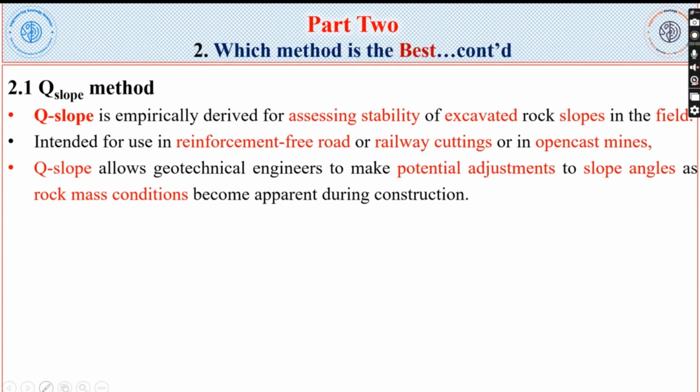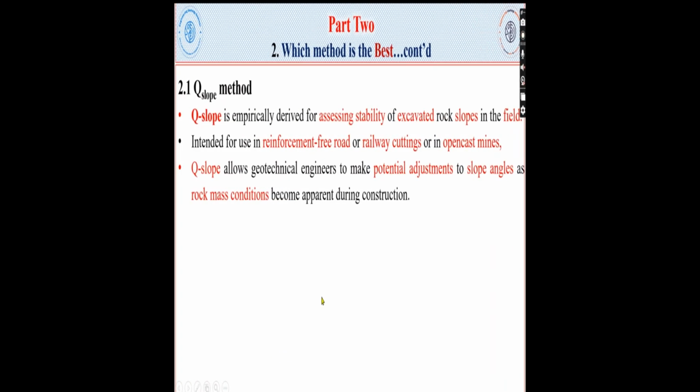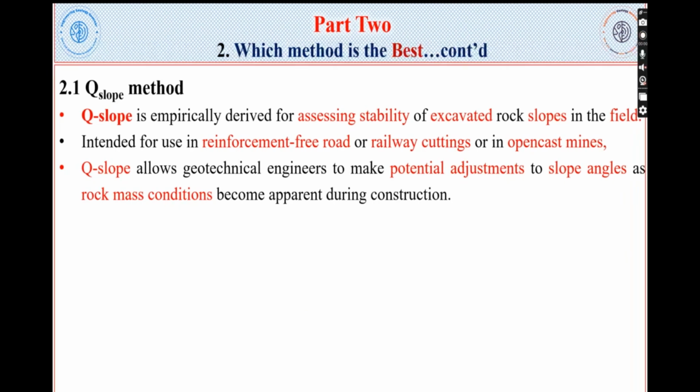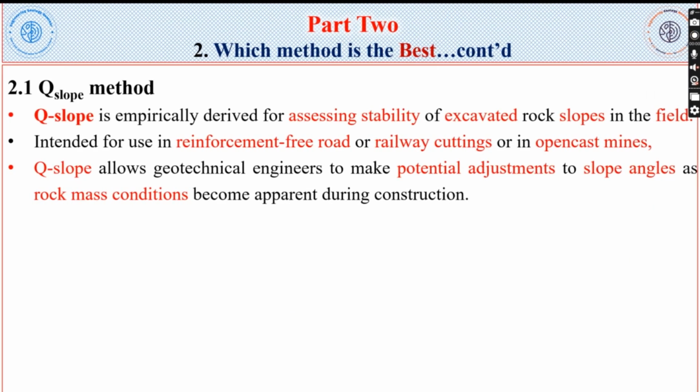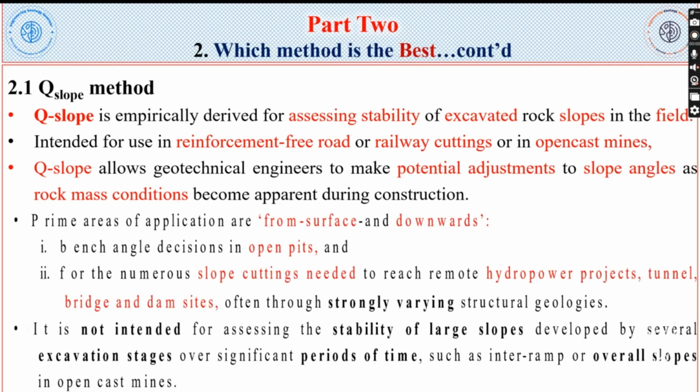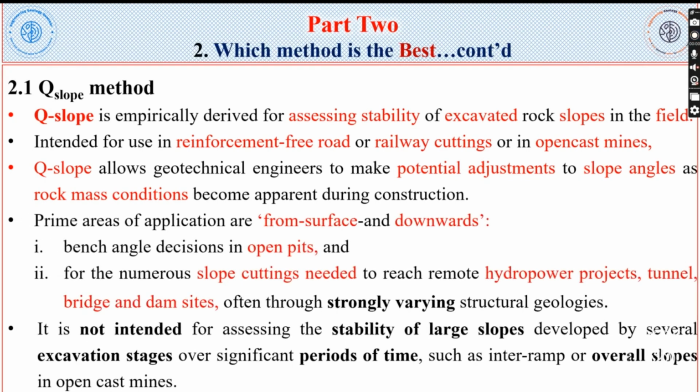during construction. Before construction, during the design time, different slope stability analysis techniques could have been carried out. Based on that, the design will be completed, and then comes the construction. But the actual ground condition, the rock condition, will be visible when excavation is undertaken.